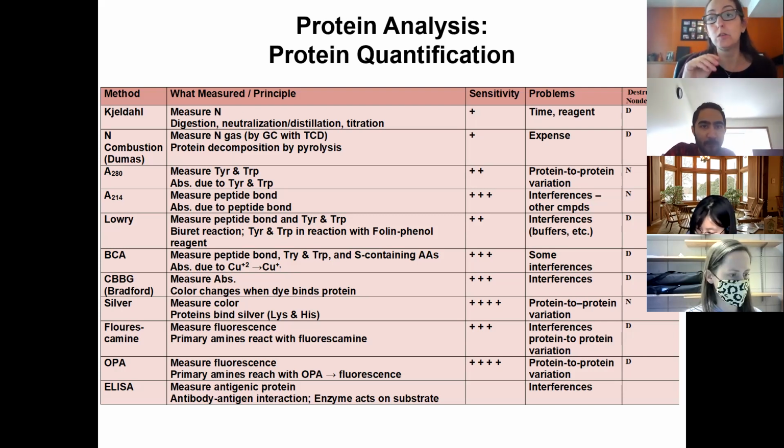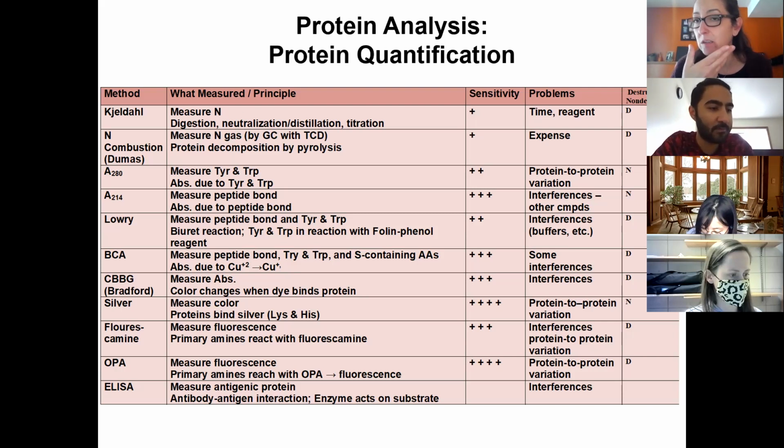So these methods, absorption at 280 or 214, Lowry and BCA and Bradford, are really meant for purified protein solutions that do not have interfering substances, because it's based on measuring absorption at the end of the day.